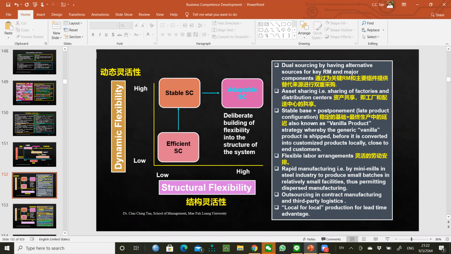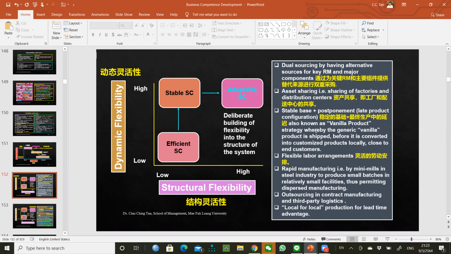Because of the availabilities of your product and services, the road timing requirements and quality requirements and whatever. So it becomes more adaptable. So your structural flexibility is very dynamic, and that again is very much algorithmic programming. So if you are very skillful in programming, you can extract all this data from your cloud systems and then go through your algorithms and computer programming, and then it can give a lot of decision making and give you the best decision. So the asset sharing and the distribution standard is very, very important.